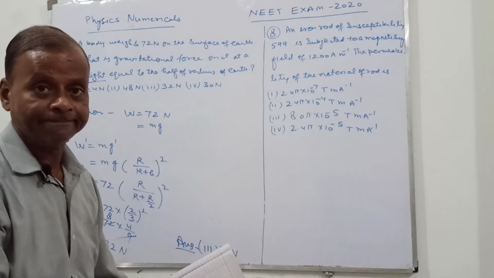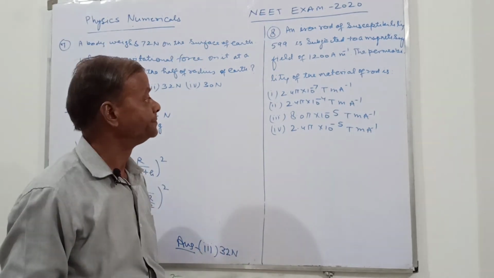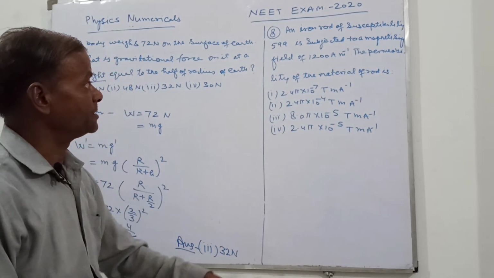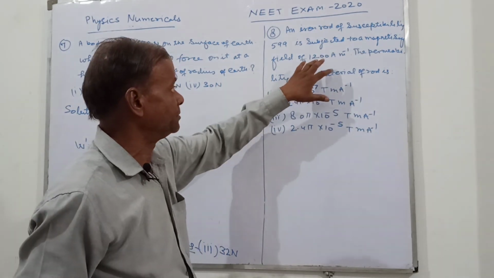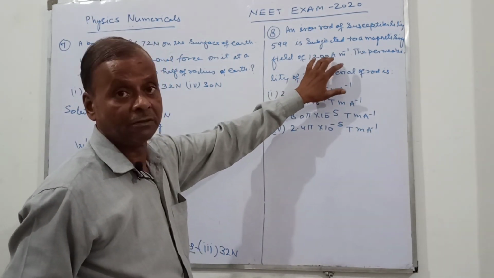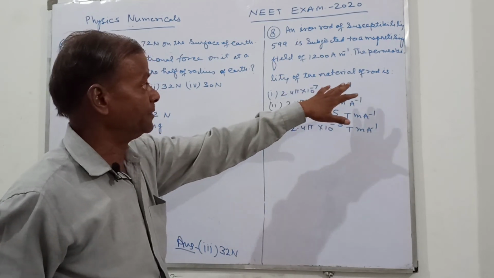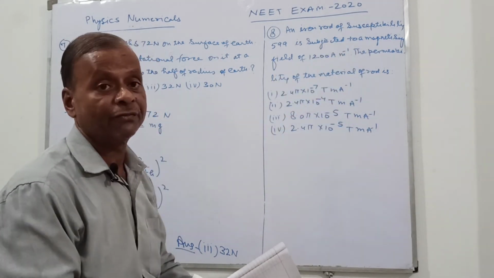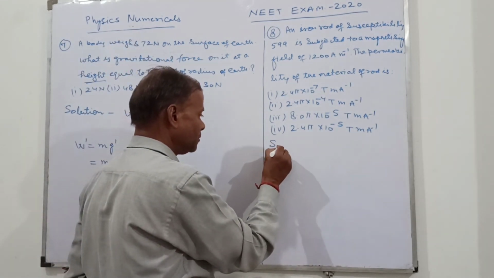This is a question from magnetic properties of the material. You are given a susceptibility, and you are given the magnetizing field H, 1200 ampere per meter. You have to find the permeability of the material of the rod. So how to solve?